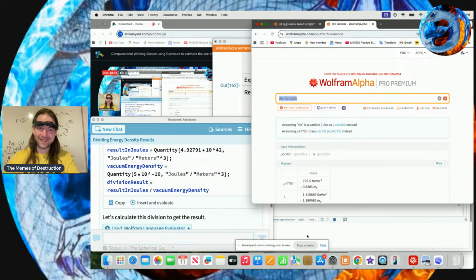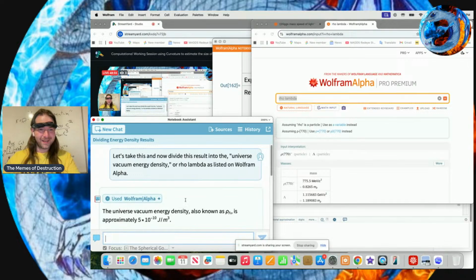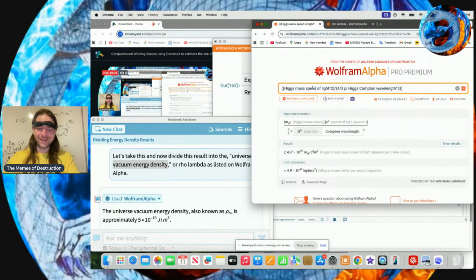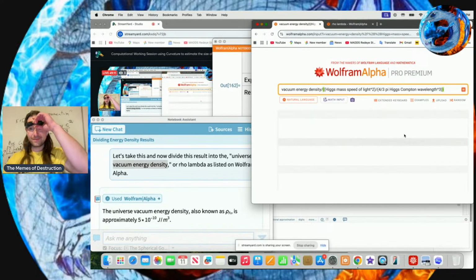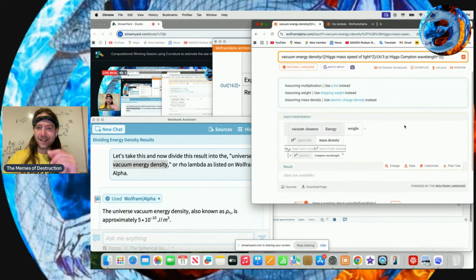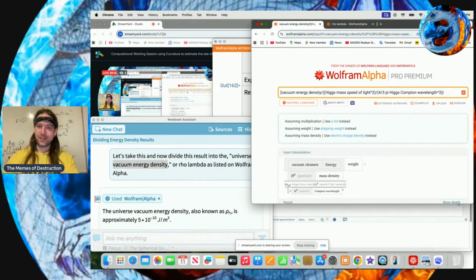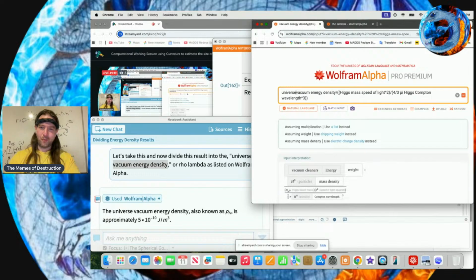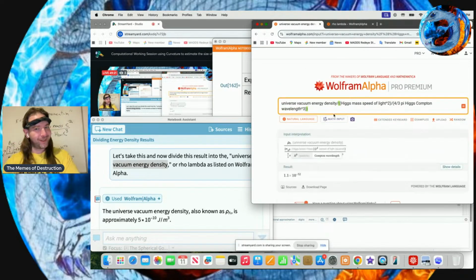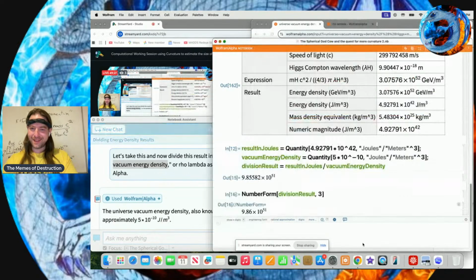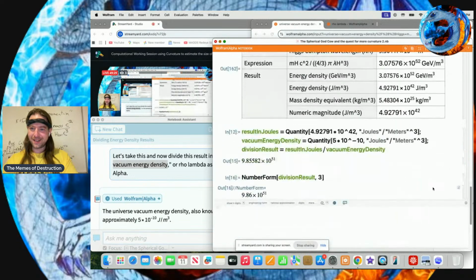So, all right, we'll just do vacuum energy density. Okay, let's literally just do this. Vacuum energy density. Oh, derp, universe. Because which vacuum are we talking? The generalized universe or what we get? Okay. That's a shock value number right there. So let's just do this. All right.